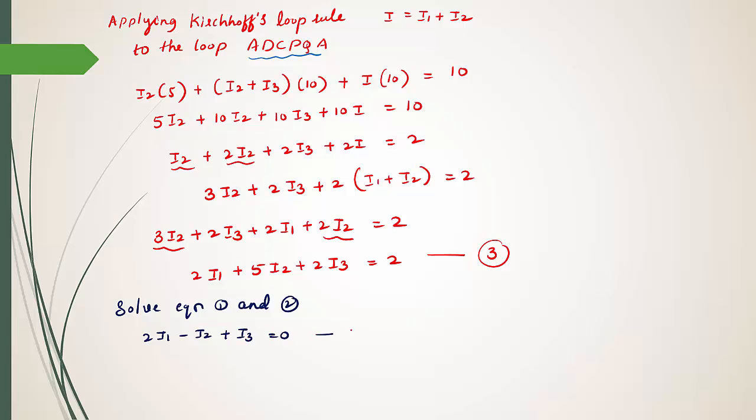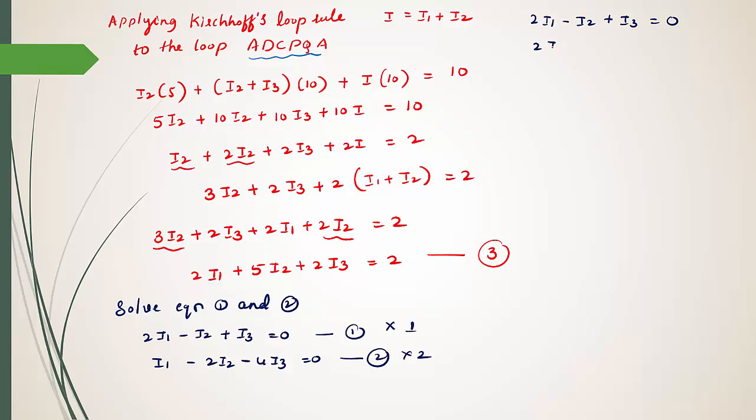This is equation 1. Equation 2 is I1 minus 2I2 minus 4I3 is equal to 0. This is equation 2. We have to solve these two equations. So easily here I1 will get cancelled when equation 2 is multiplied by 2 and this is multiplied by 1. So we will get the answer. Observe here I am going to write equation 1 as 2I1 minus I2 plus I3 is equal to 0. Equation 2 is multiplied by 2.